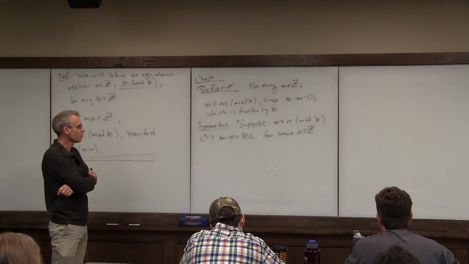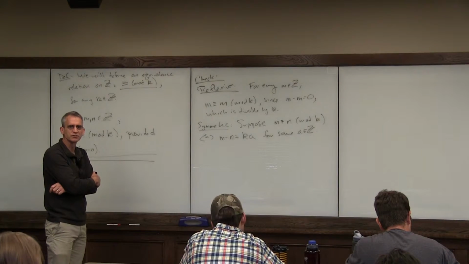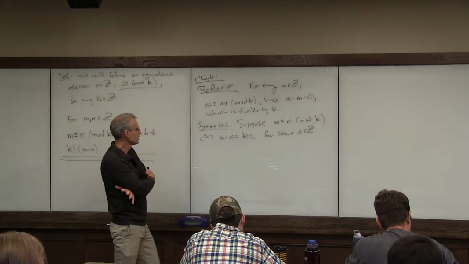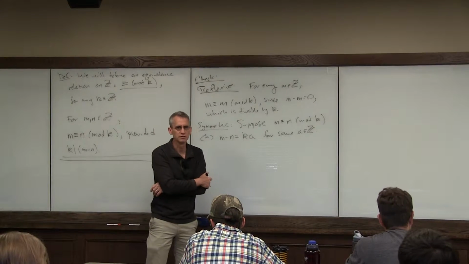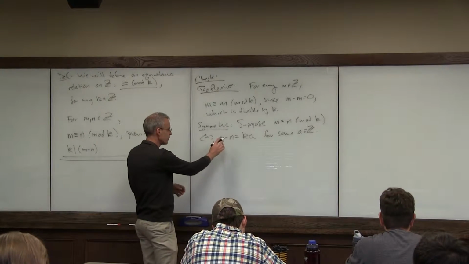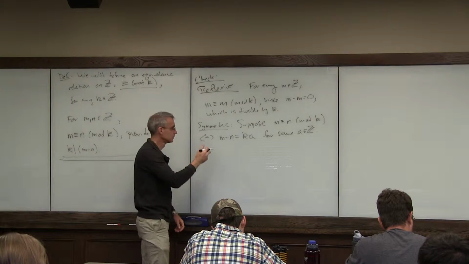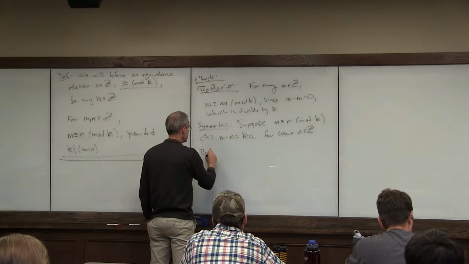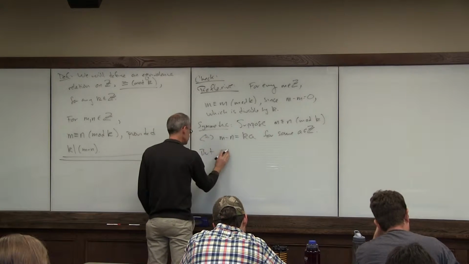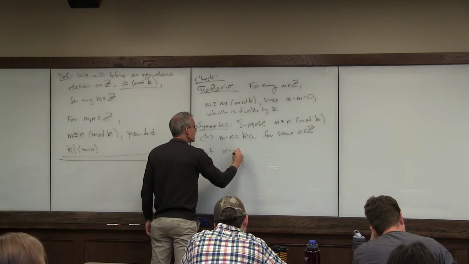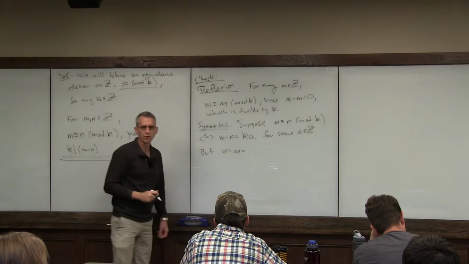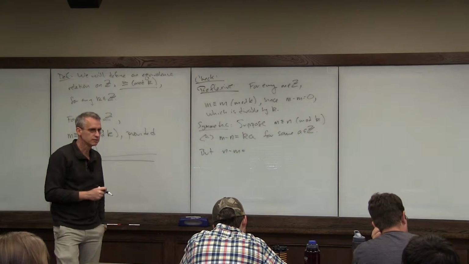So what am I trying to conclude here? What's the equation that I need now? Yeah, I need to consider n minus m. But n minus m equals what? How should I write this now?